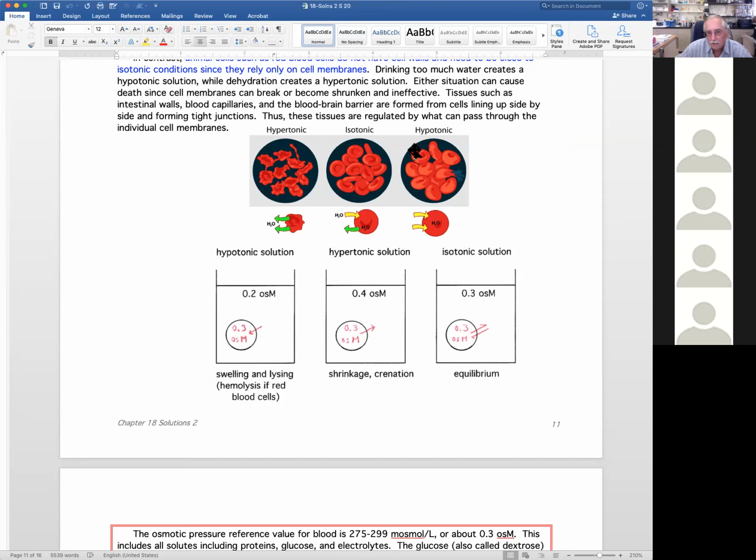What we want is an isotonic solution. So the rate of water in is equal to the rate of water out. That's what I have over here. See that? The solutions are isotonic. It may be different ions over here than over here, but they're at least equivalent in terms of osmoles per liter.